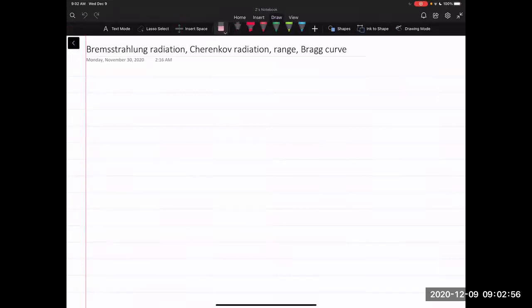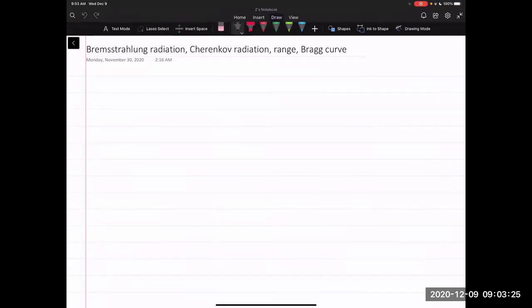All right, so this is the last lecture on the interaction of charged particles with matter. Last time we talked about the quantity used to describe this interaction, which is the stopping power. We use the stopping power to describe the loss of kinetic energy per unit length of the incident charged particle.